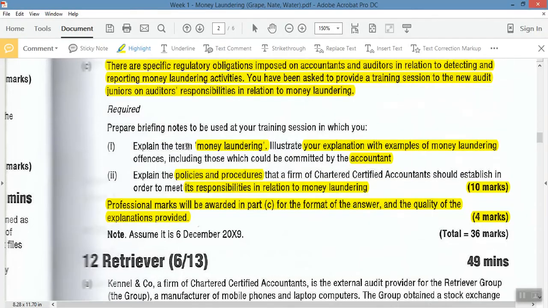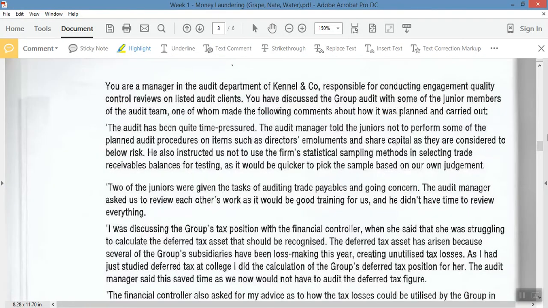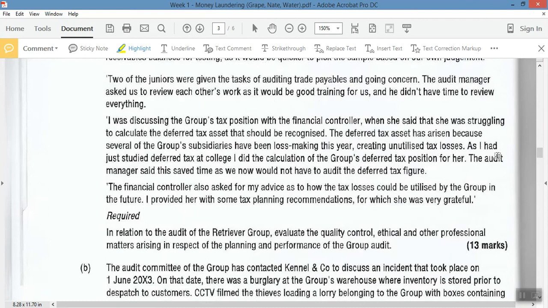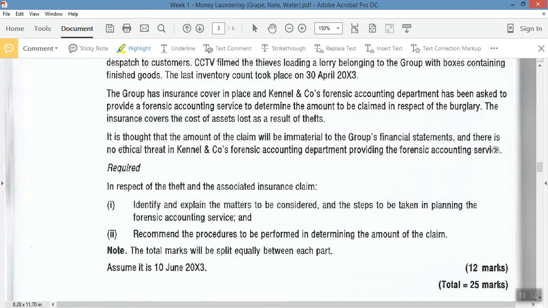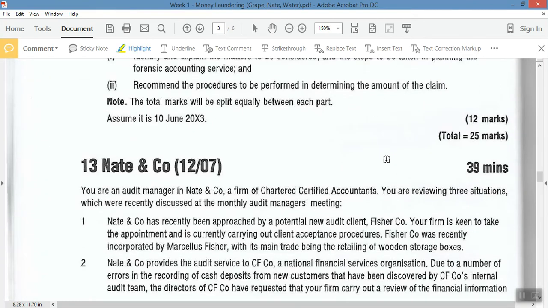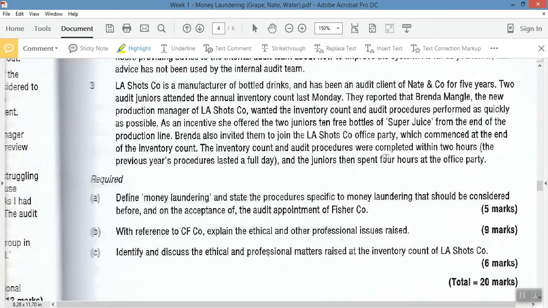Okay, so let's go to the next question for today. Nate and Co. will only focus on the money laundering part.